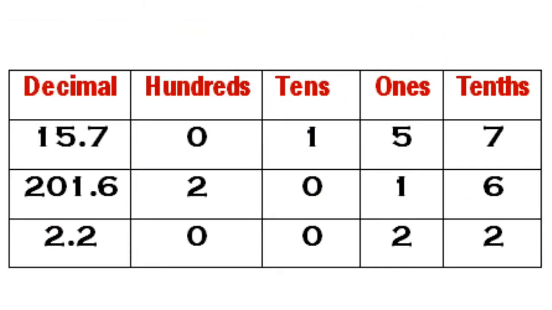Here, the place value of 15.7 is 0 hundreds, 1 tens, 5 ones, and 7 tenths. That of 201.6 is 2 hundreds, 0 tens, 1 ones, 6 tenths. That of 2.2 is 0 hundreds, 0 tens, 2 ones and 2 tenths.